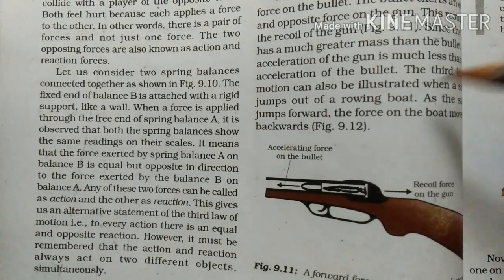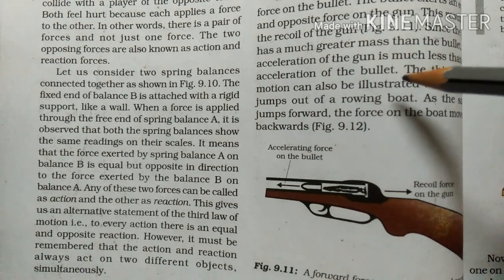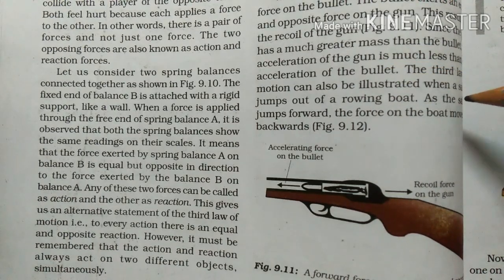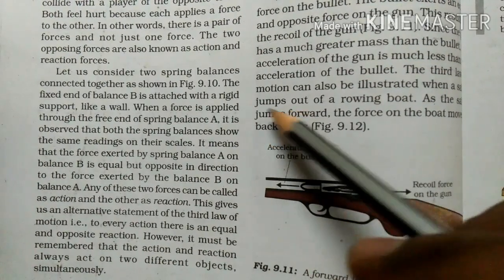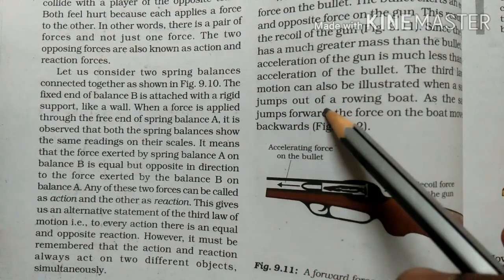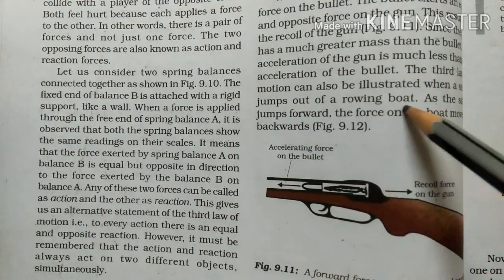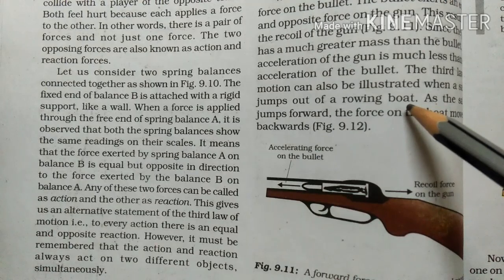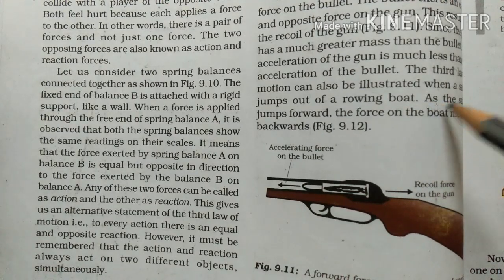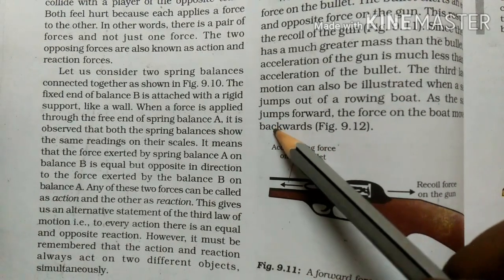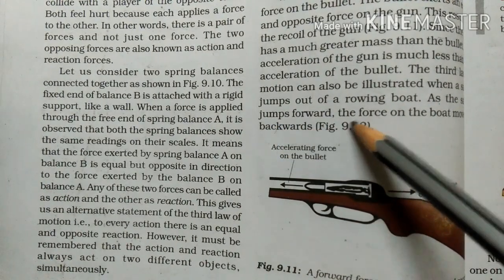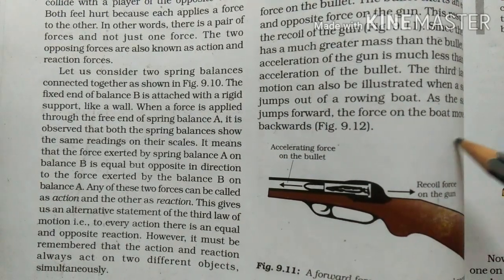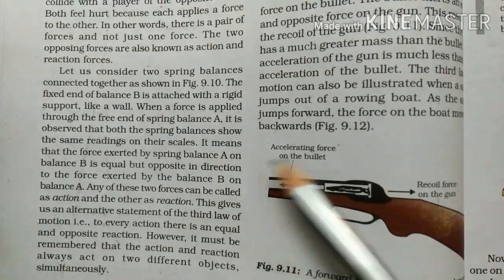The third law of motion can be illustrated when a sailor jumps out of a rowing boat. I think you have seen a rowing boat. As the sailor jumps forward, the force on the boat moves it backward.